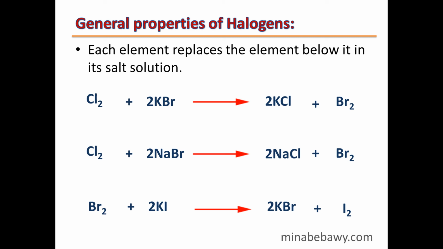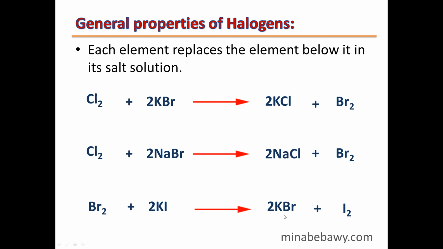So chlorine can replace bromine because bromine is below chlorine and chlorine is more active than bromine. So chlorine plus potassium bromide will give potassium chloride and bromine. Bromine plus potassium iodide: bromine is more active than iodine, so bromine can replace iodine.